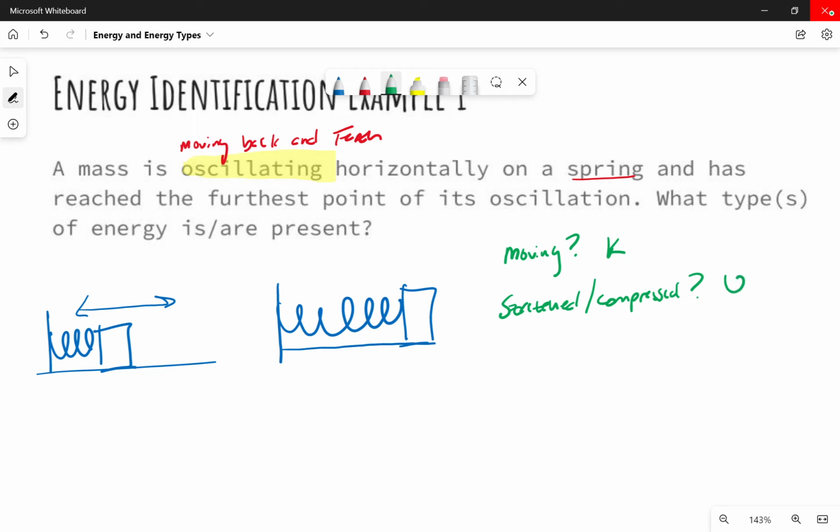If it is, then you've got potential spring. And the last one is, are we at some sort of relative height? If we are, then there's potential gravitational. So we should just be able to look at those 3 questions, try and answer them and check them off. And then that's the kind of energy that we have.